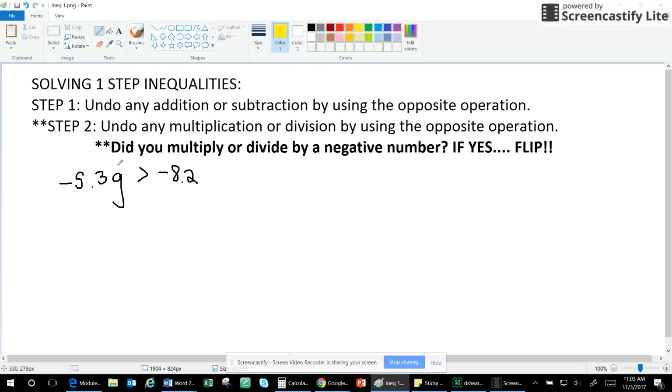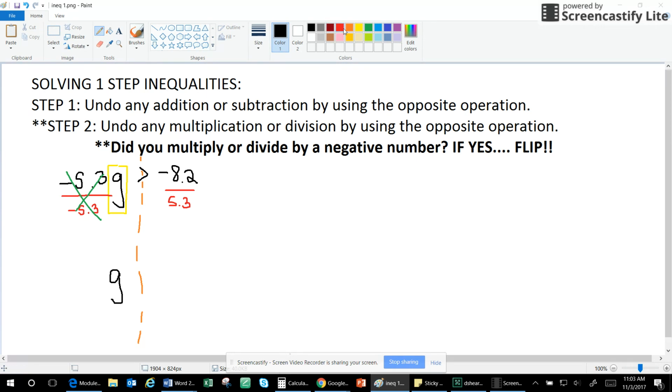As always, I look and say, there's my variable, there's my inequality symbol, and now I see this is multiplication. I am going to divide both sides by a negative 5.3. The negative 5.3 will cancel on the left side because they would leave behind a 1G or just G.